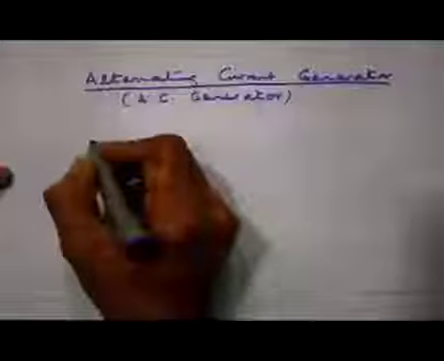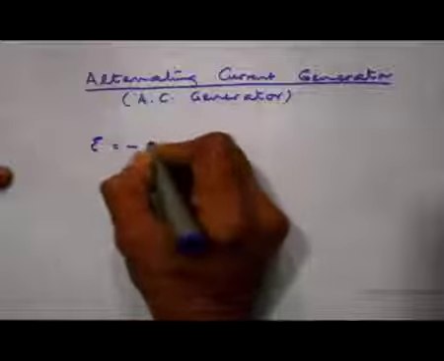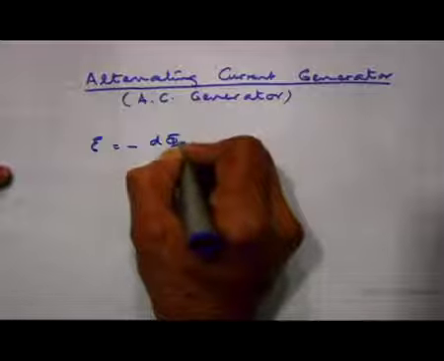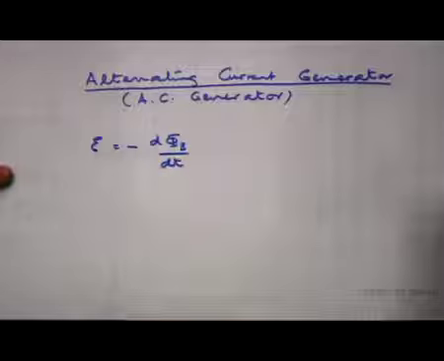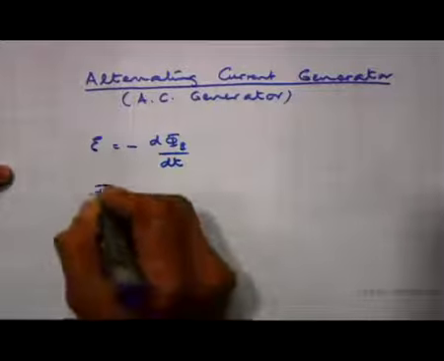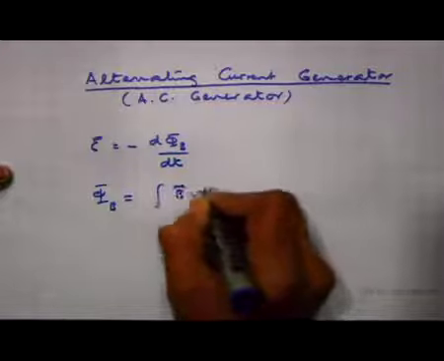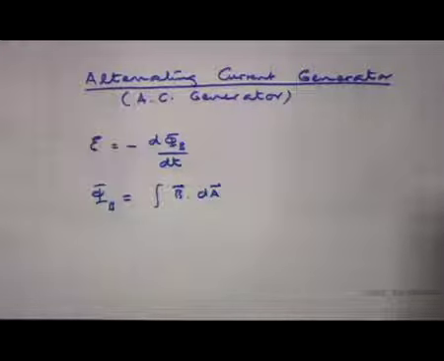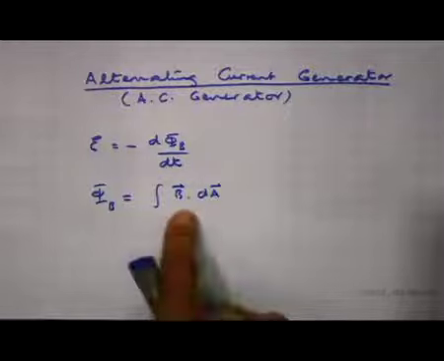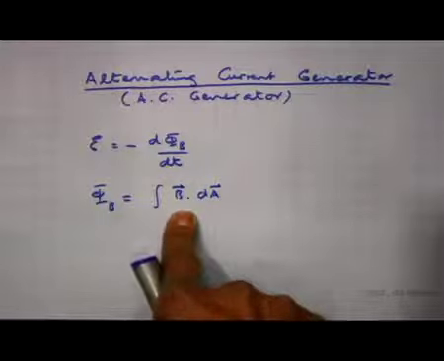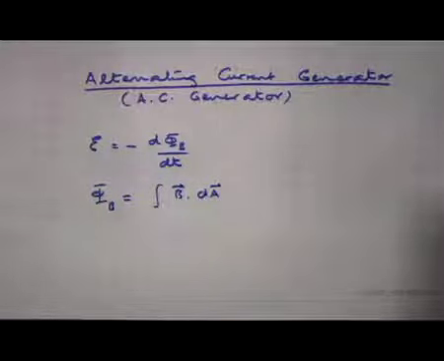So, the induced EMF is equal to minus d phi B by dt, where phi B is the magnetic flux, defined as the integral of B dot dA. Whenever this flux changes with time, there is an induced EMF in the circuit.